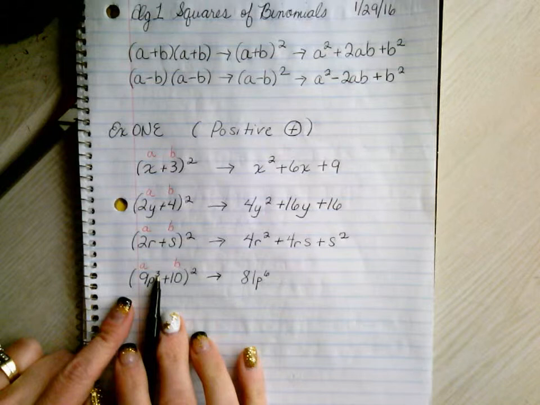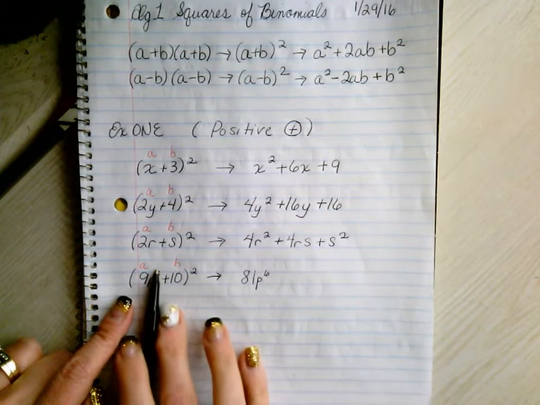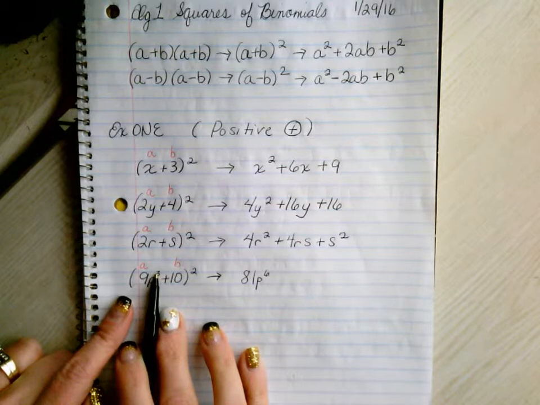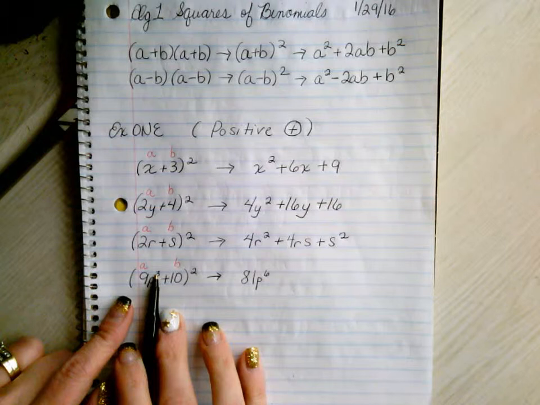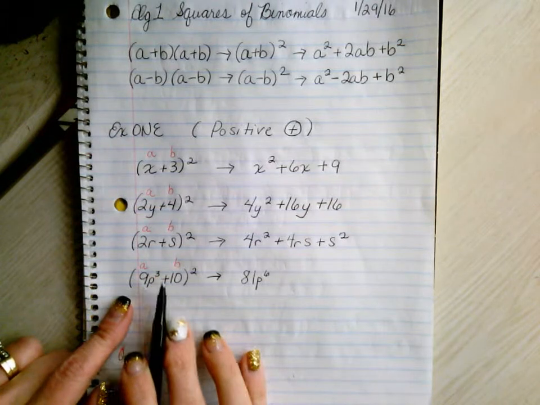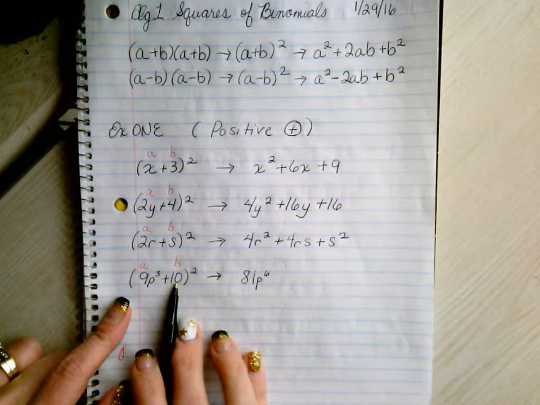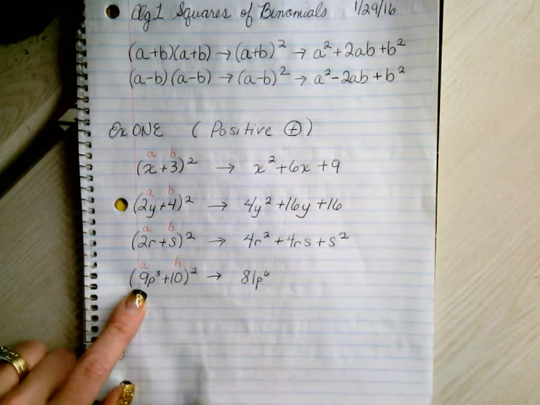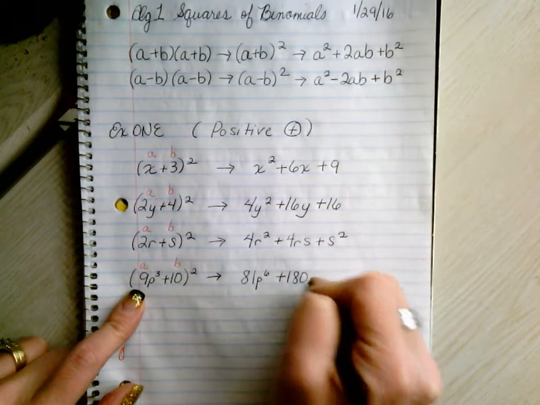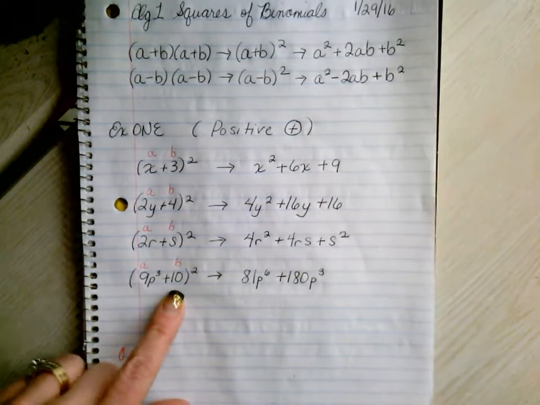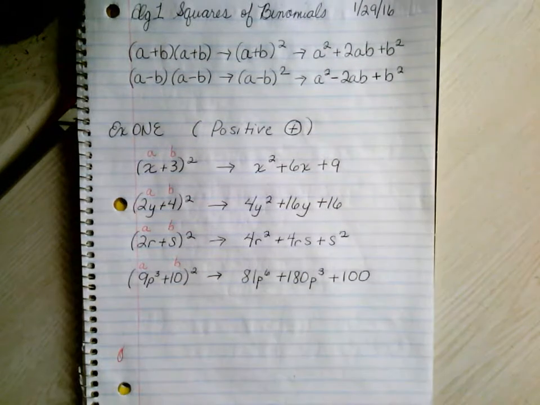Remember, when you square, so 3 times 3, this exponent, you're simply adding them together. 81p6. The product of A and B is 90p cubed. Double it, and you get 180p cubed. B squared, 100.